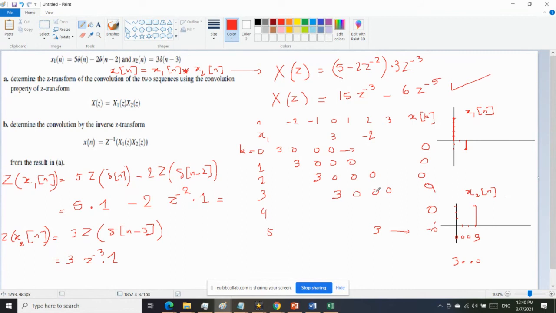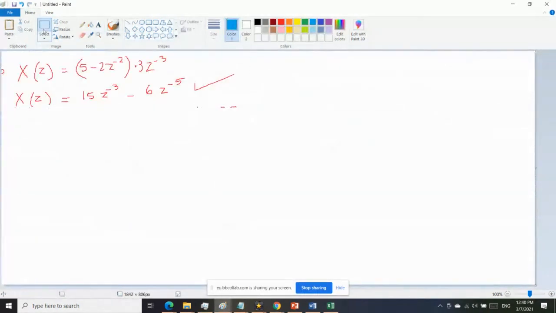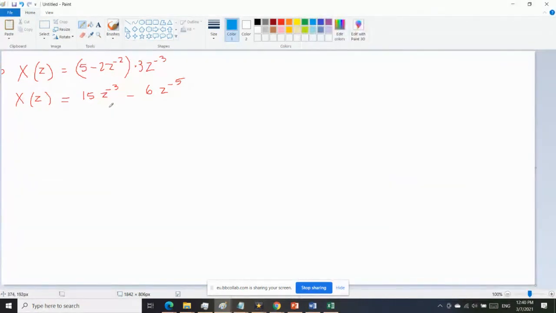So that's using a tabular form. Now we're going to use the X(z) we have and use the inverse Fourier transform. Okay, inverse Fourier transform. Alright, so this was using the table. Here I have z to the power of minus something, it's just a shift.